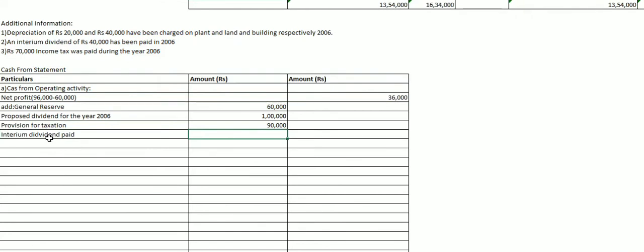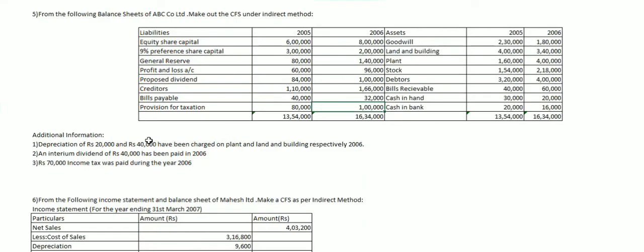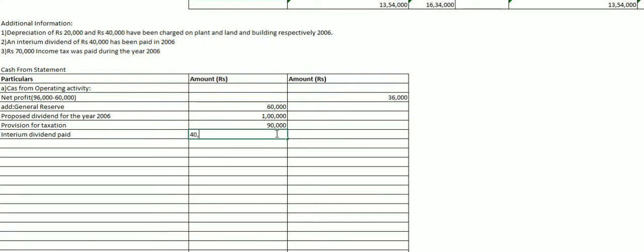So your interim dividend paid is 40,000. So you will add that 40,000 also here. So we don't have anything else, so you will get your net profit.